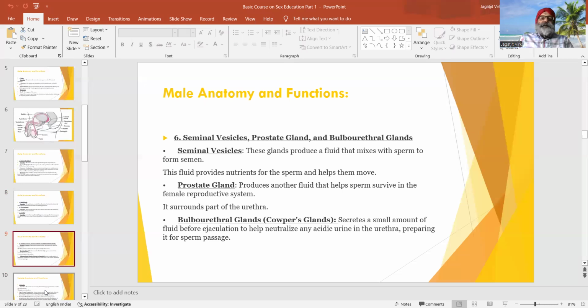It surrounds part of the urethra, as I have shown. Bulbourethral glands, those are called Cowper's glands, secrete a small amount of fluid before ejaculation to help neutralize any acidic urine in the urethra, preparing it for sperm passage.